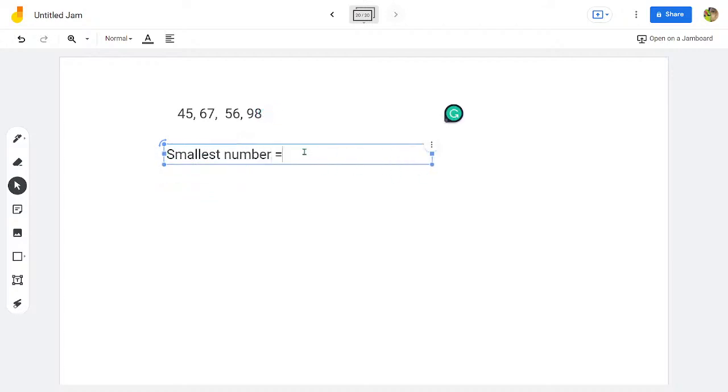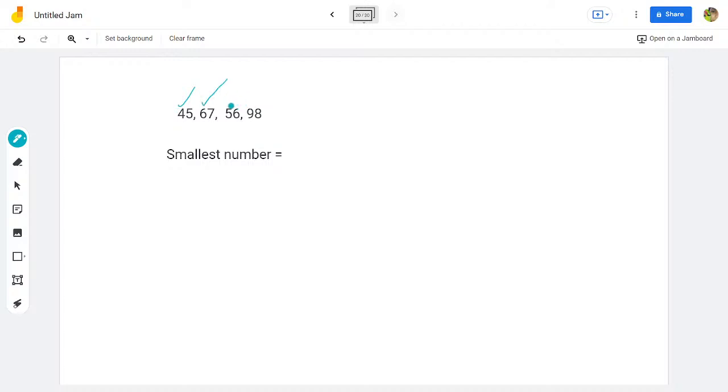If we talk about the smallest number, have a look at all the 4 numbers very carefully. The first number is 45. We have 4 in the tens column. The second number is 67, 6 in the tens column. The third number is 56, so 5 in the tens column. And at last we have 98, 9 in the tens column.